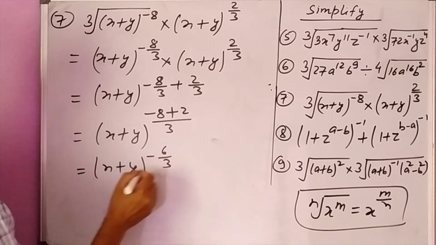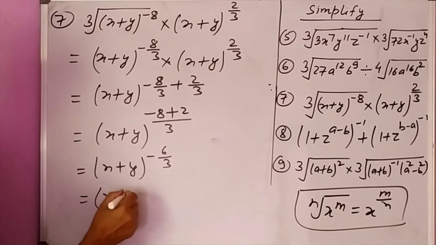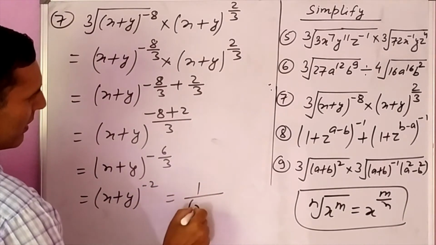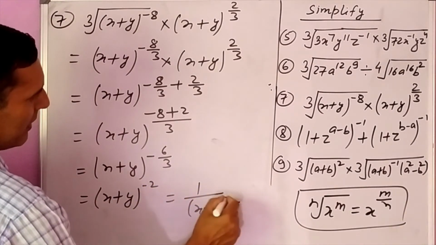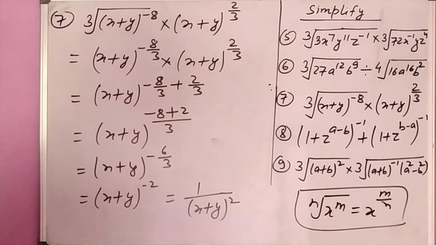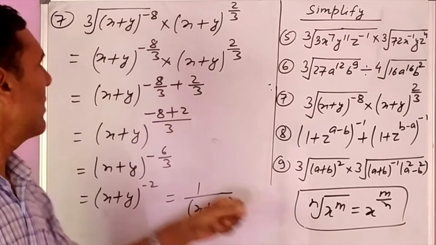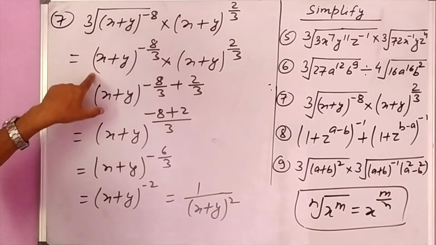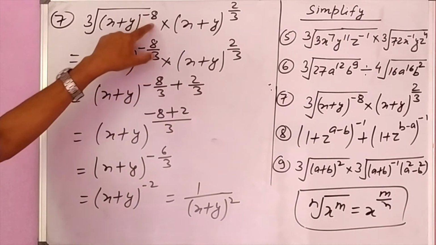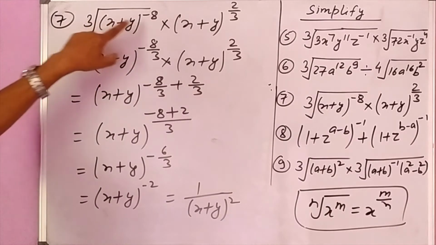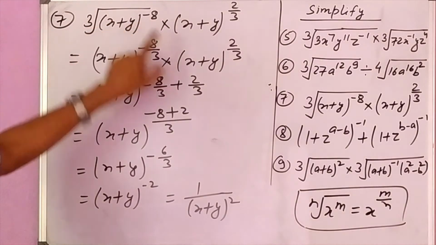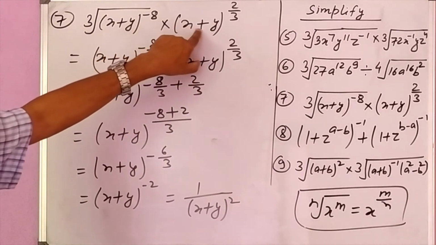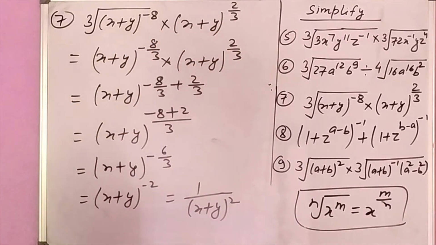6 upon 3. x plus y to the power minus 2 can be written as 1 upon x plus y whole square. It is very simple, just using the root law of index, because the cube root of x plus y to the power minus 8 is x plus y to the power minus 8 upon 3. This order goes to the denominator of the power according to this root law of index. And second, x plus y to the power 2 upon 3 as it is.